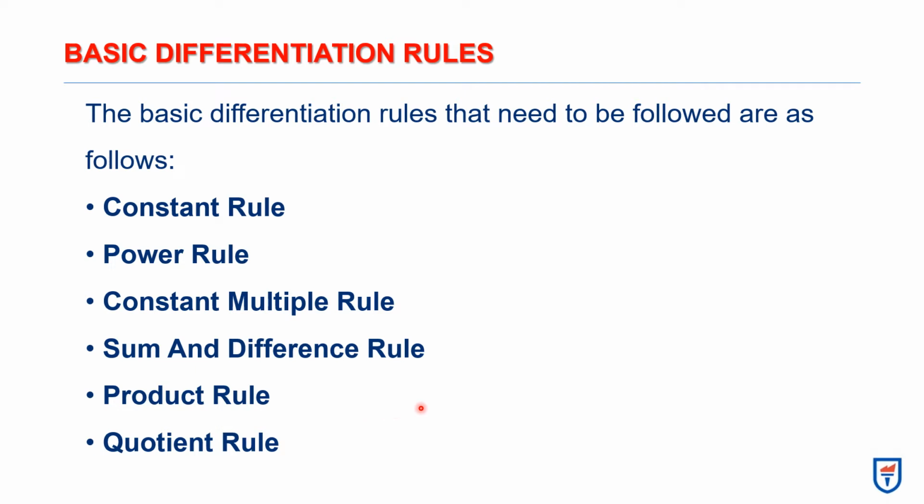The product rule is applied when we differentiate two or more functions that are multiplied on each other. Then we have the last one, which is the quotient rule, which is applied when we differentiate two functions that are divided by each other. One is the denominator and one is the numerator. So when we are differentiating such an expression that has a fraction, we can apply a quotient rule.